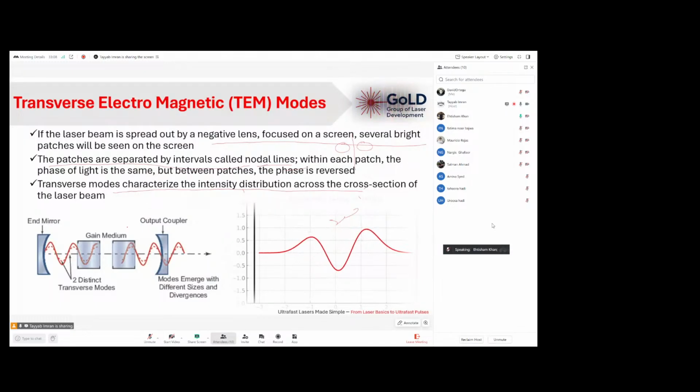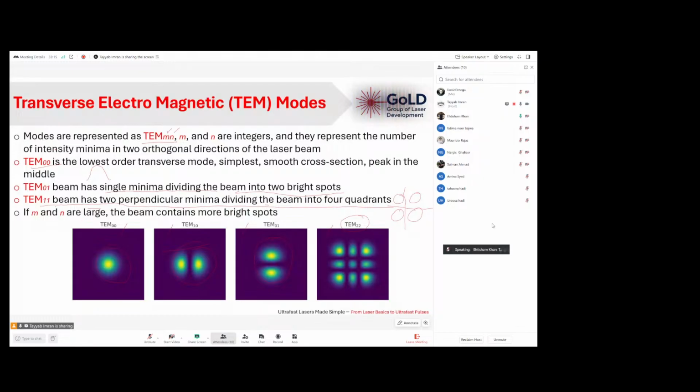In TEM 01, there is one minimum in the r direction. It's the cylindrical coordinates theta, r and z; I have worked with these transverse modes, and they have three integers. The first one is theta, the second is r.